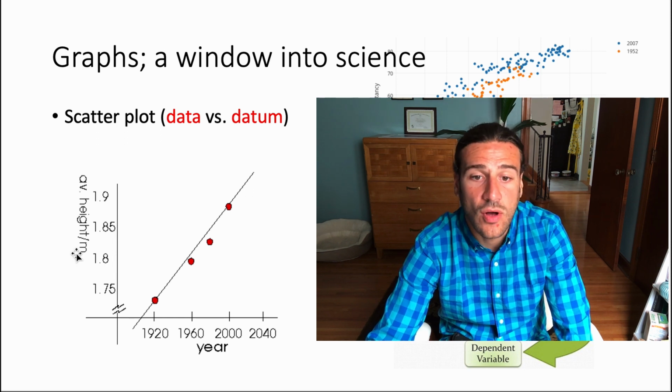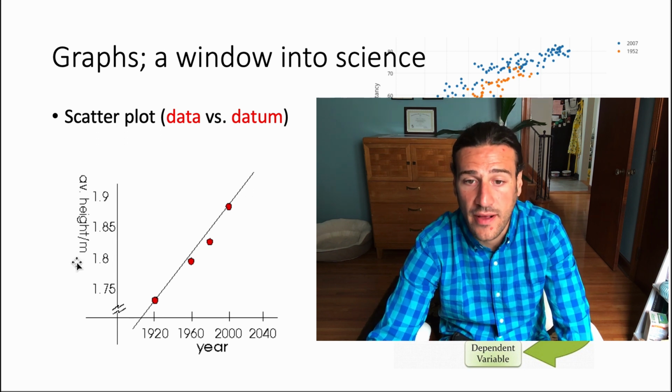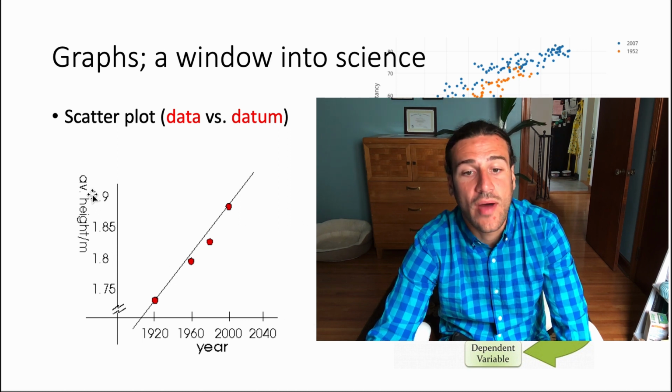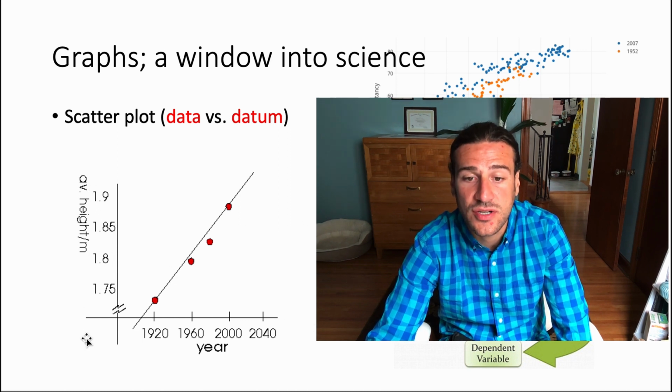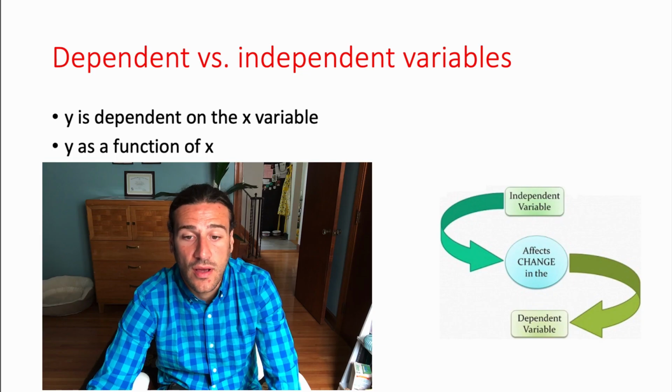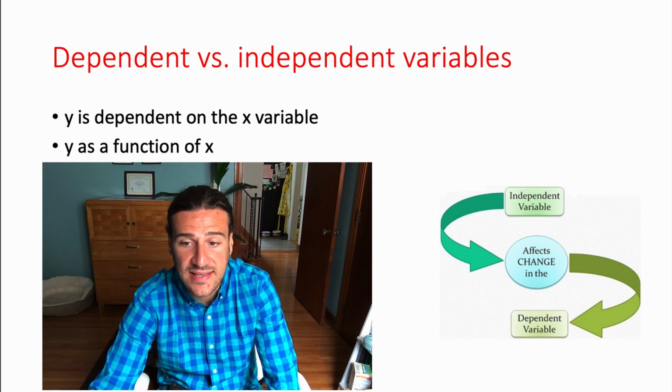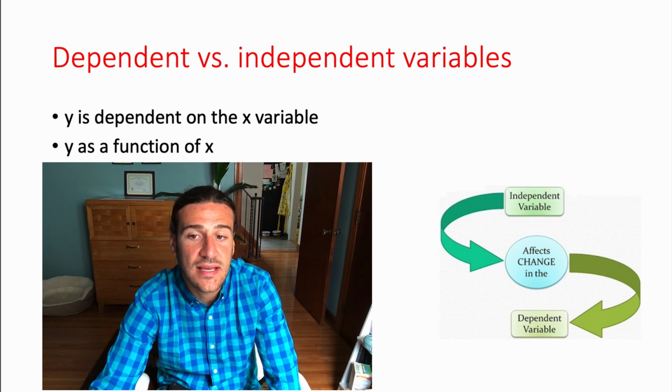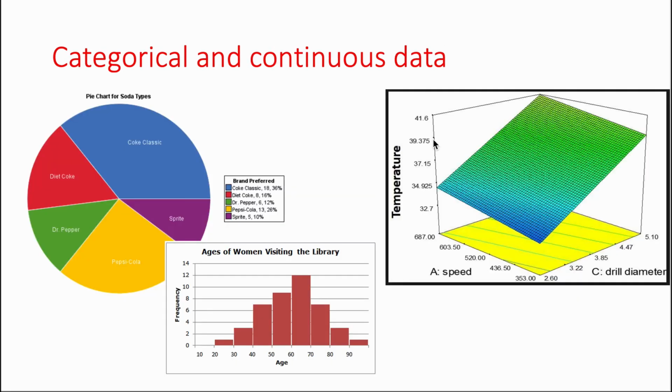Once you do that, you'll understand what the actual graph is depicting. So average height as a function of year, right? Again, x-axis, y-axis. The x-axis is the independent variable. The y-axis is the dependent variable.